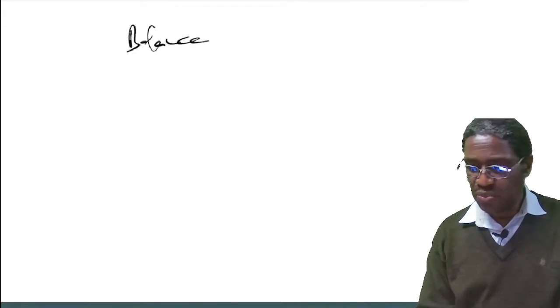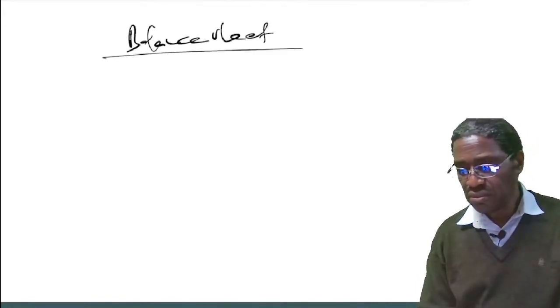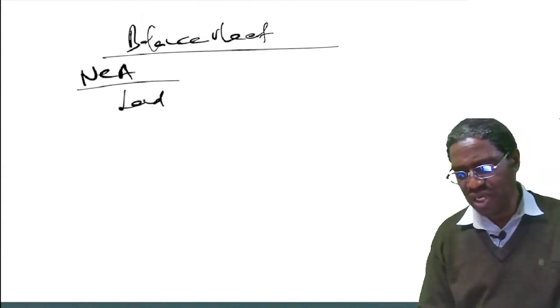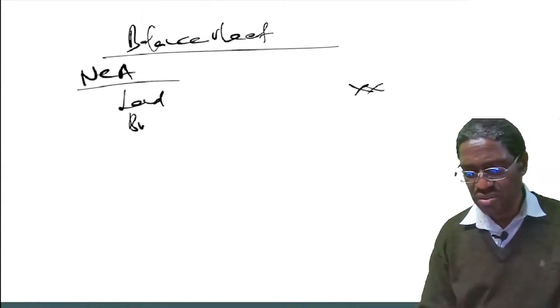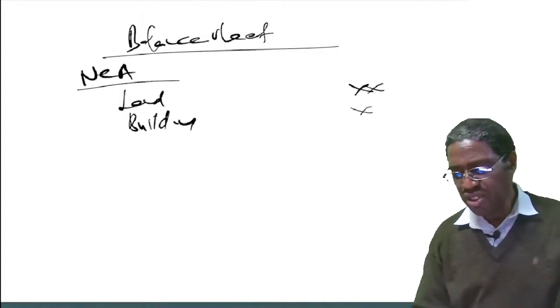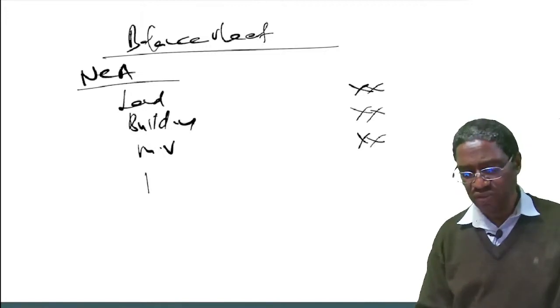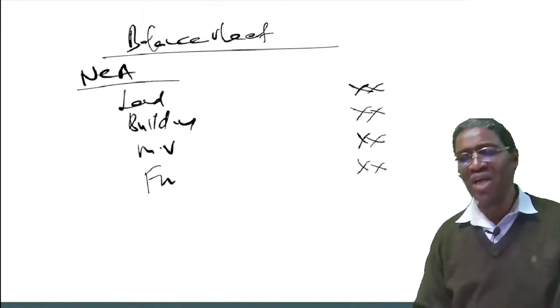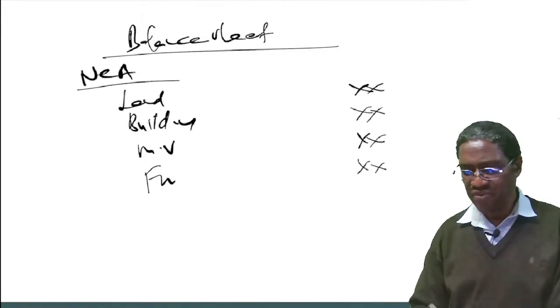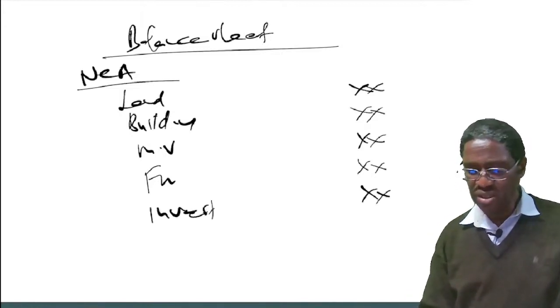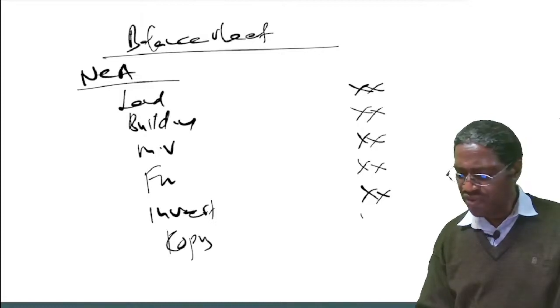To prepare the balance sheet, you had to start with non-current assets, one of them being land, show the book value, building, motor vehicle, furniture, each with its book value, maybe investments, maybe copyrights, all the fixed assets.